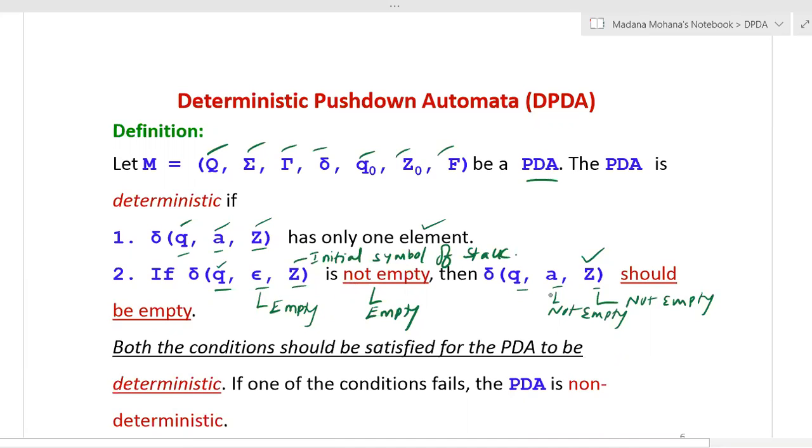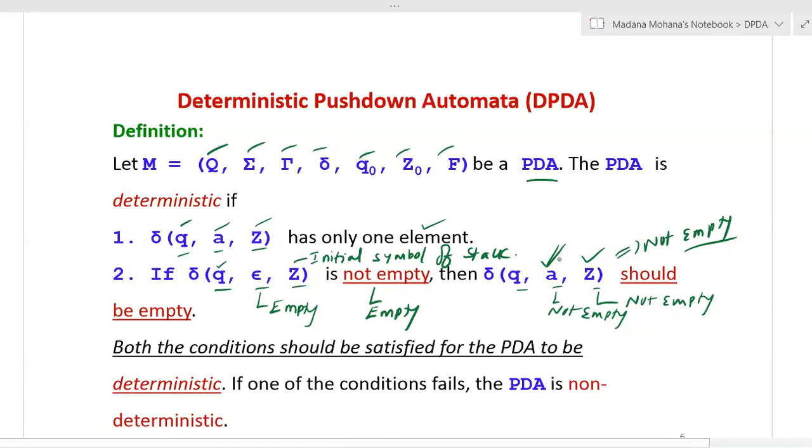Then here you can see the opposite of this one. From a state Q with an input symbol A and stack initial symbol Z, this should be empty. Actually this is not empty. Why? Because here you have input, the input is not empty.